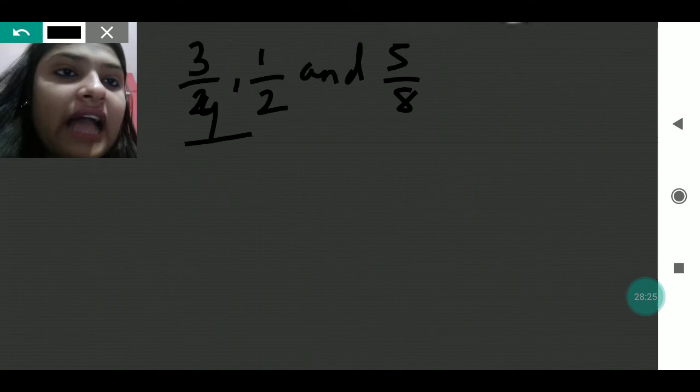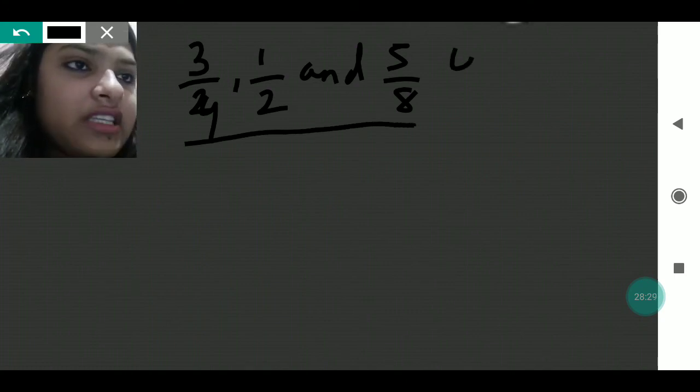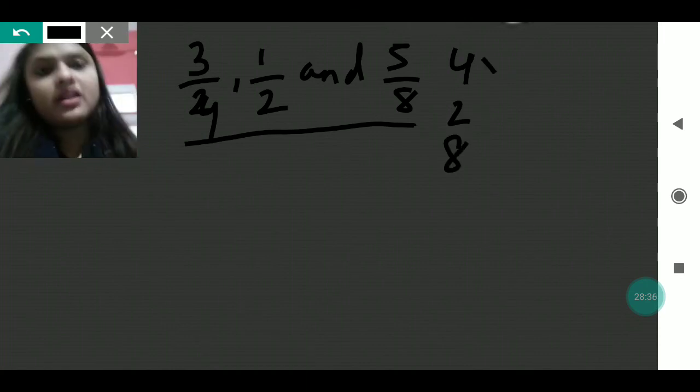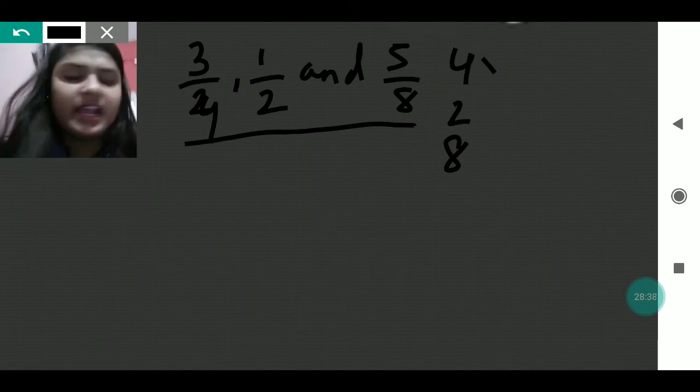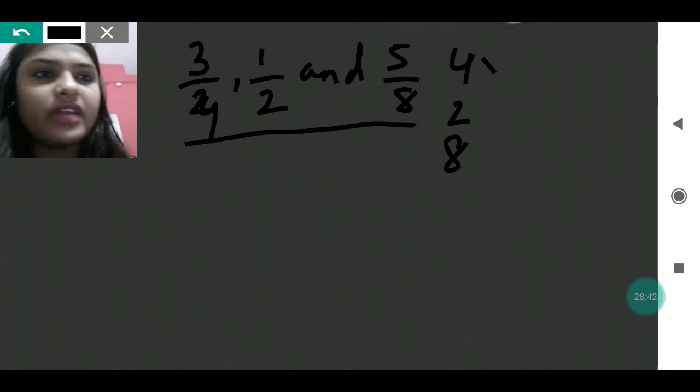You will find the LCM of these three denominators. When you find the LCM of 4, 2, and 8, you will get the common denominator, and after that you can compare.